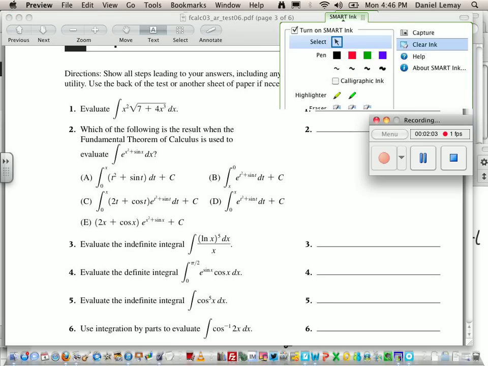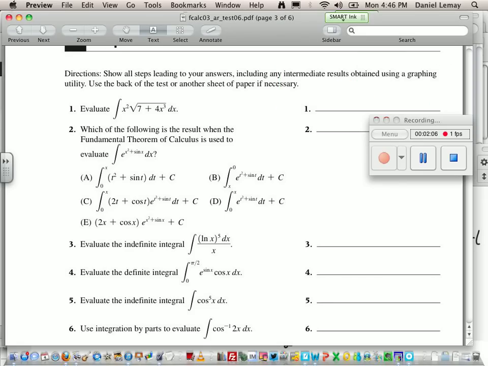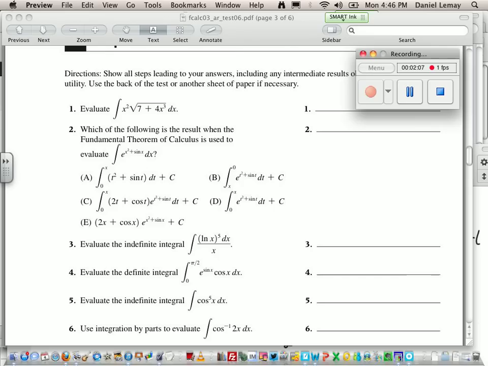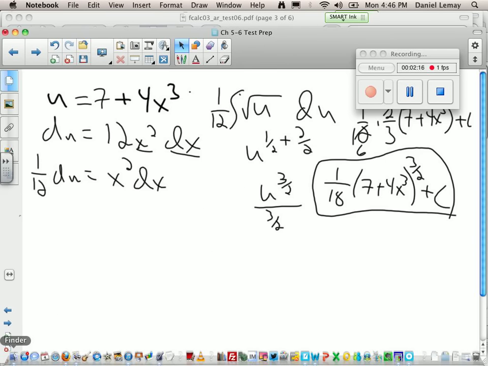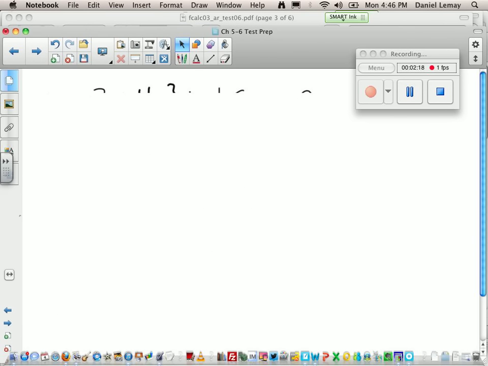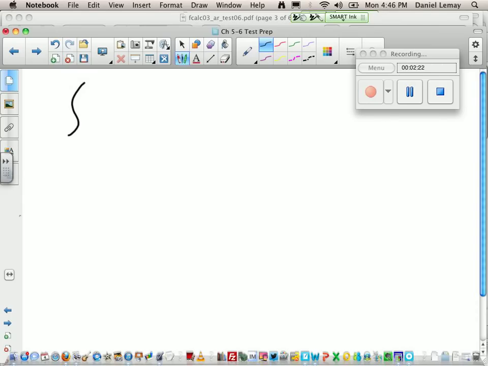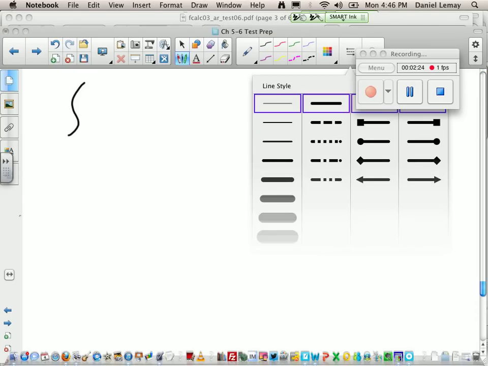Which of these represents the fundamental theorem of calculus? Well, I know when I'm substituting it's becoming definite integrals, so I wanted to tell you there are two parts to the fundamental theorem of calculus. One of them is the one that applies here.